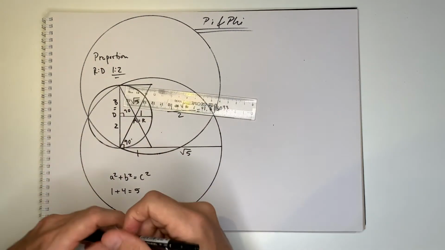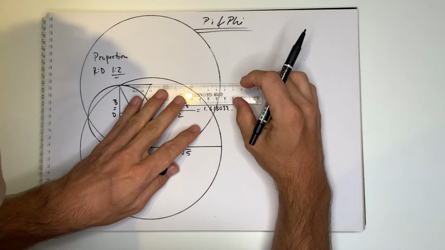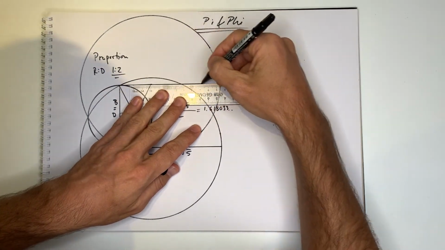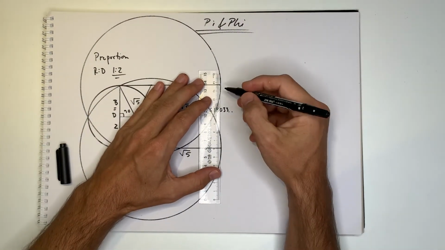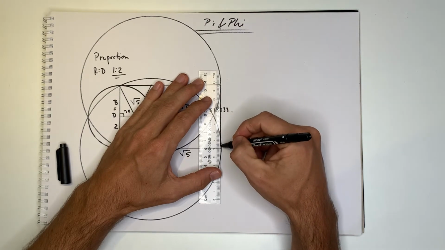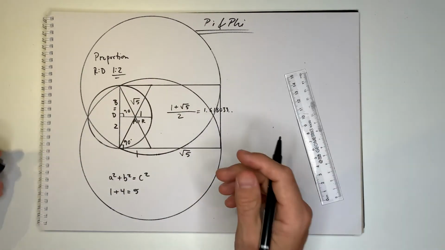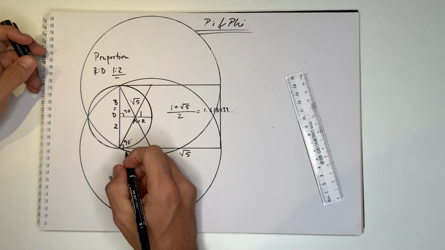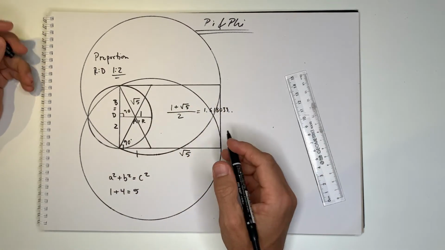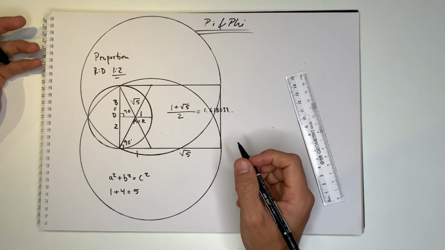And we can add this root 5 there. And we add these two lines together, just like that. Okay, there we have a golden rectangle. So here we have created the golden ratio and the golden rectangle from a circle.